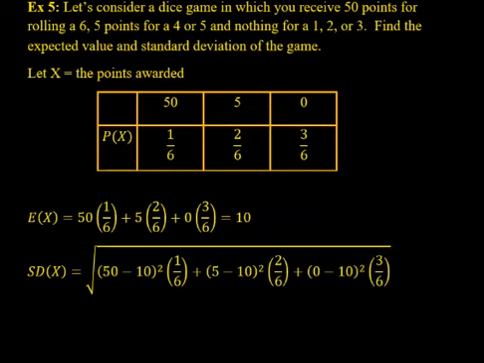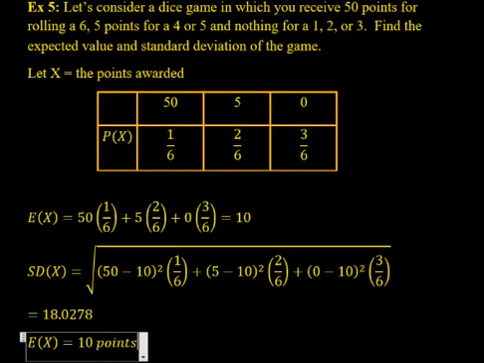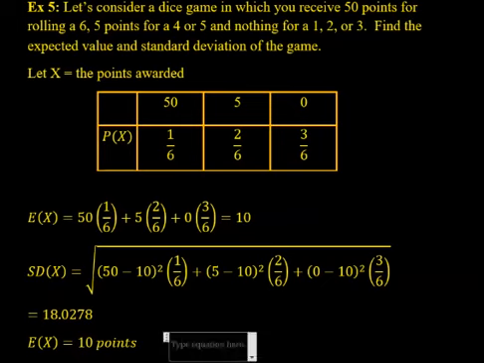This comes out to be 18.0278. So our expected value is 10 points, and our standard deviation is 18.0278 points.